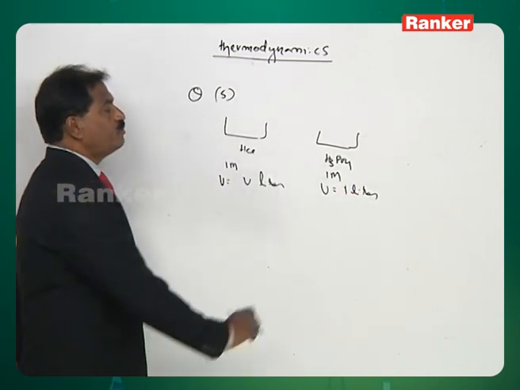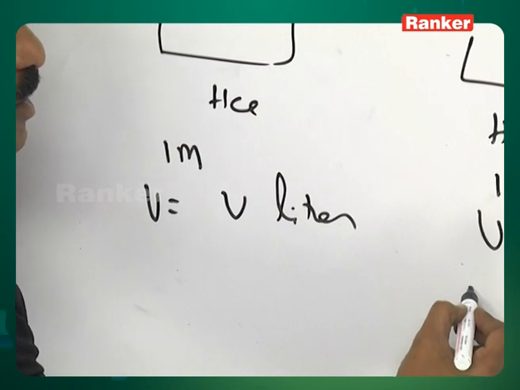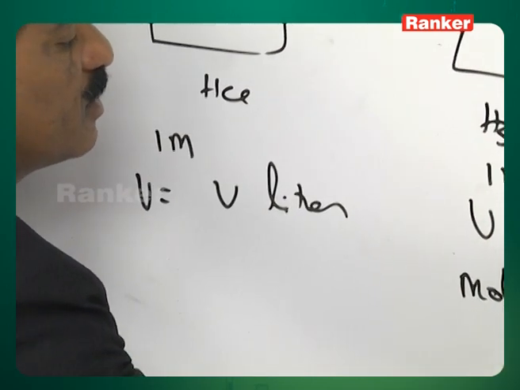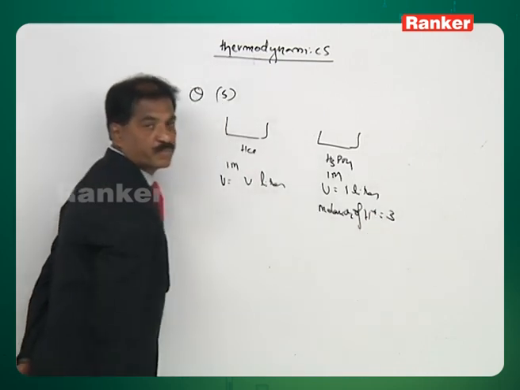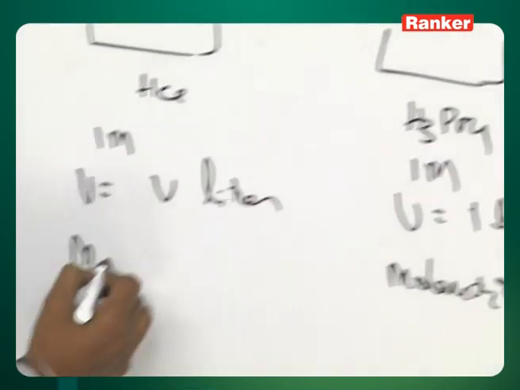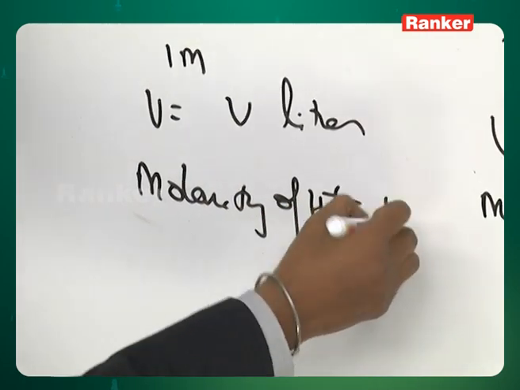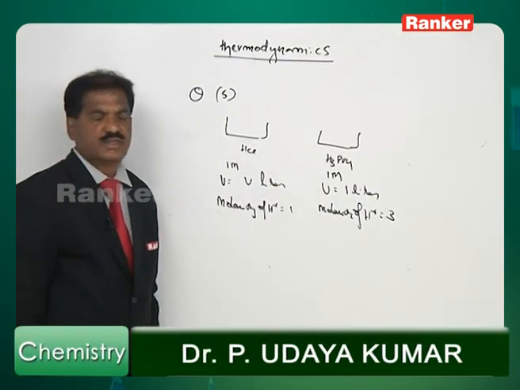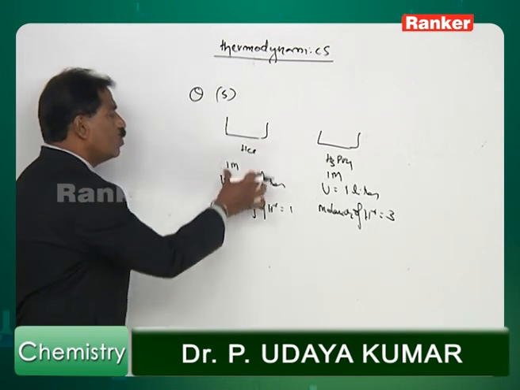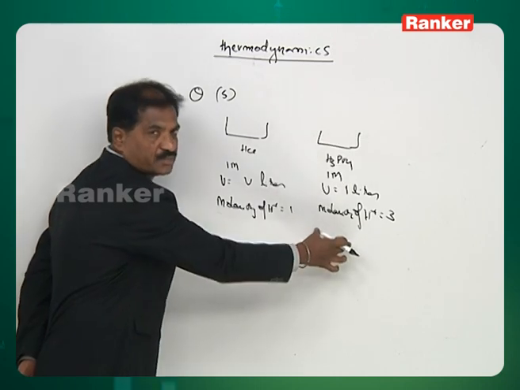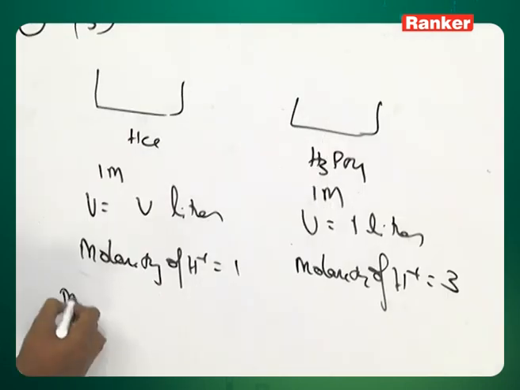When H3PO4 completely ionizes, the molarity of the H plus ions here becomes 3. Here the molarity of the H plus ions becomes 1. Therefore, calculate the moles of H plus ions present in the HCl and in the H3PO4.